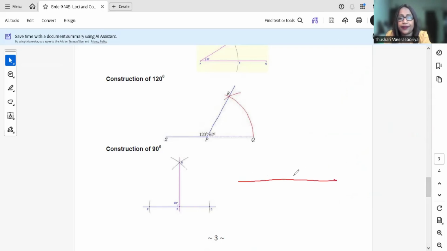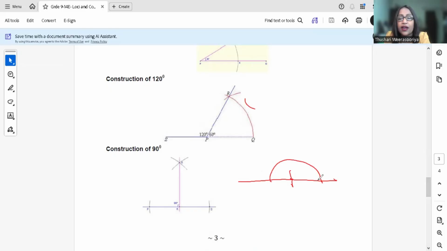I draw a straight line. I constructed 180, see? We'll take this as the vertex. The vertex is this. From here, you draw an arc.